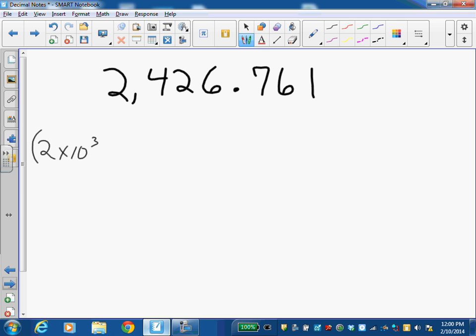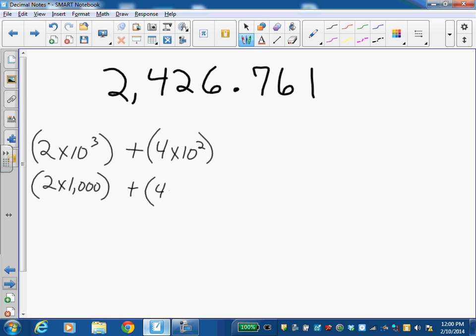So I could say 2 times 10 to the third, or 2 times 1,000, plus 4 times 10 to the second power. That would be 4 times 100, plus 2 times 10, plus 6 times 1.